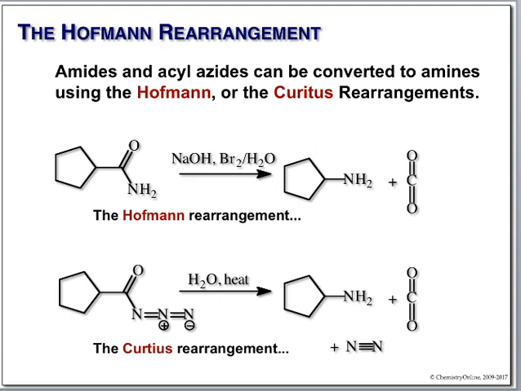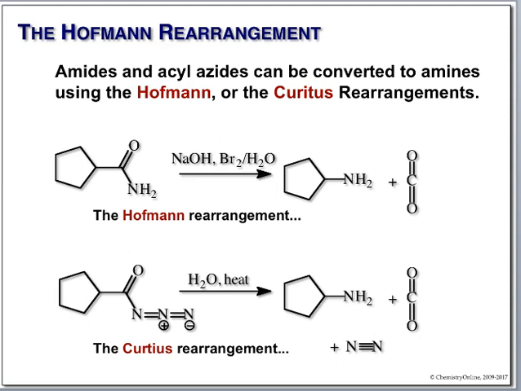Kind of magic, really. Can't imagine how in the world they came up with these conditions, but some student working in the dungeon somewhere did it and went up to Hofmann and said, "Hey, look what I found." And he called it his rearrangement. It's a very neat way to take an amide and convert it to the amine.